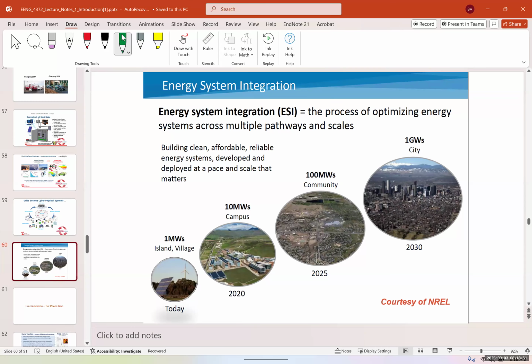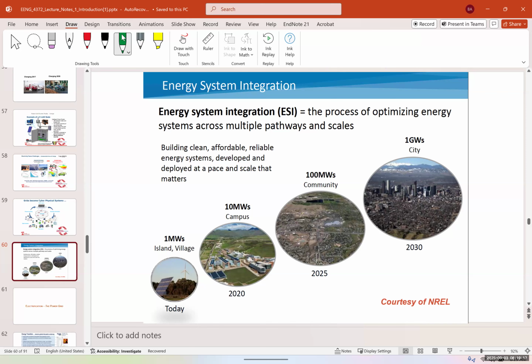This is an example of energy system integration, or ESI. This is a process of optimizing energy systems across multiple pathways and scales. It's for building clean, affordable, reliable energy systems. You can see this is some projection of what today's systems look like.